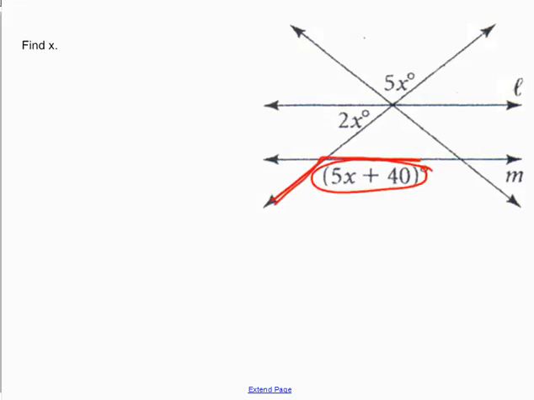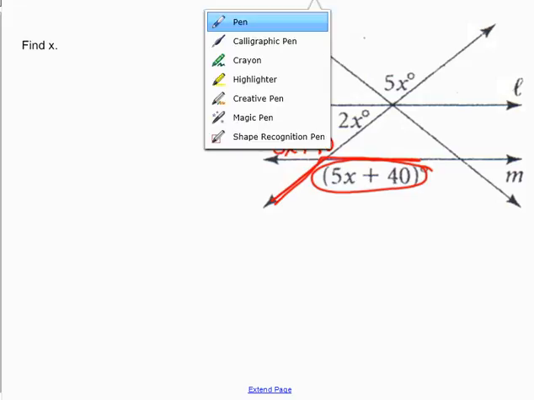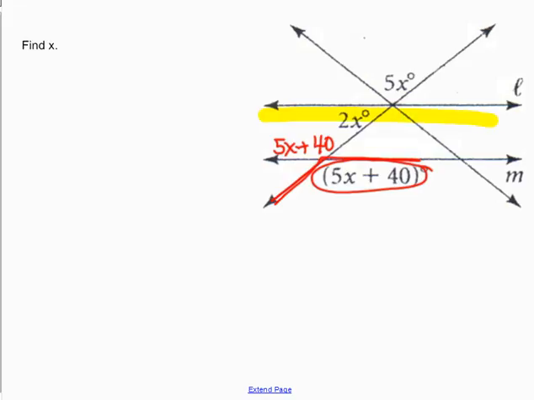So I'm going to use my vertical angle theorem and put it up here to make my math easier, because those are congruent. Now I have these interior angles, so I can set those up to figure out what x is.